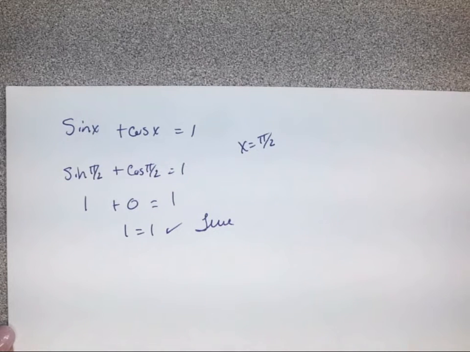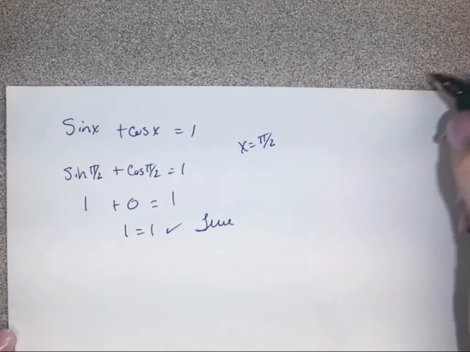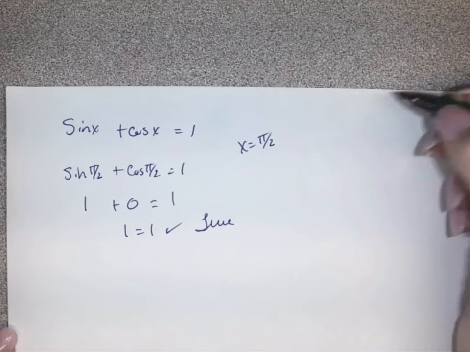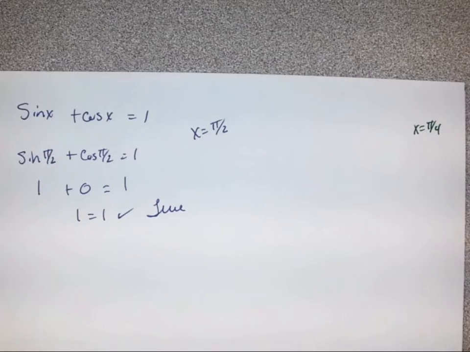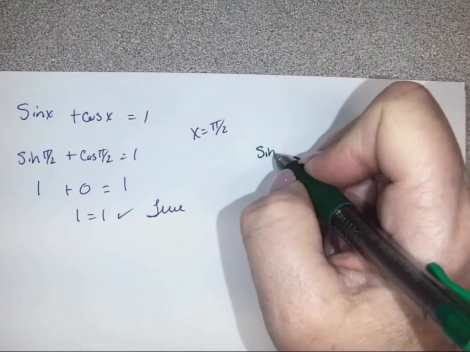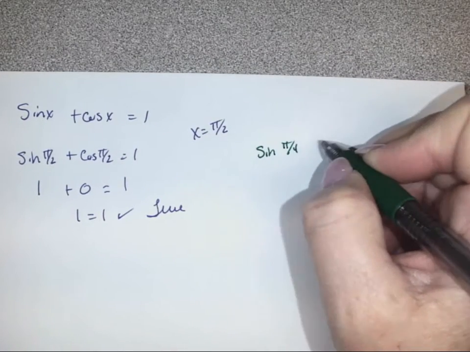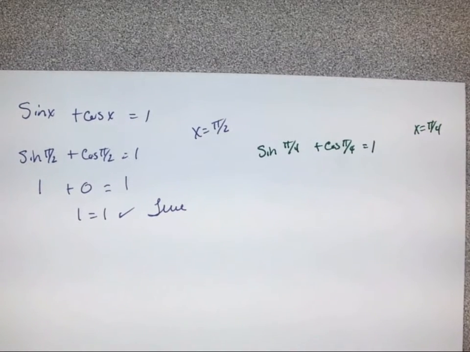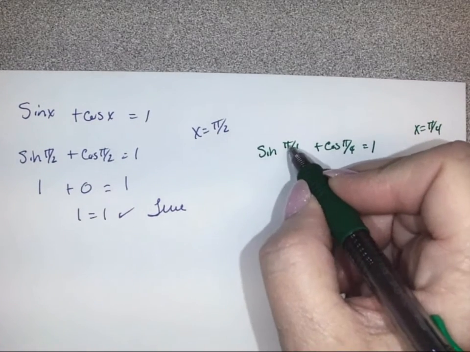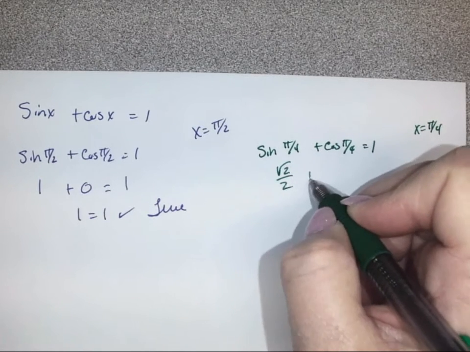All right, let's try it this time. Let's try pi over 4. So if we do x equal to pi over 4, we would have the sine of pi over 4 plus the cosine of pi over 4 is equal to 1. Well, sine of pi over 4 is square root of 2 over 2.